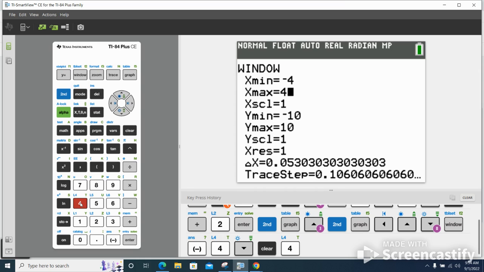So just to recap, our example says the domain, the x values we're looking at, go from -4 to +4. We're telling the calculator, only show on the graph where x is -4 to +4. Does that make sense?